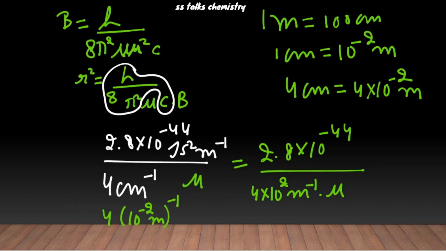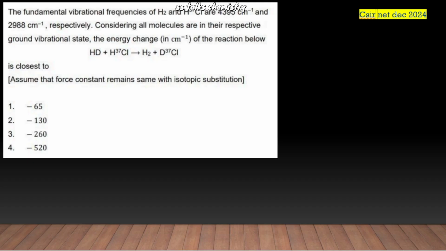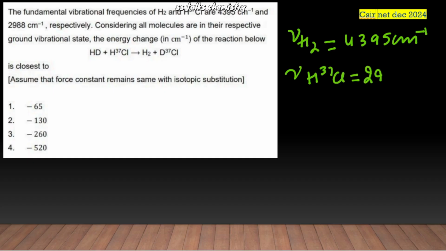Okay, next this question now. The fundamental frequencies for the H2 and H37Cl are this and this. So nu for the hydrogen is given, which is 4395 centimeter inverse, and the nu for the H37Cl is 2988 centimeter inverse, considering all the molecules are in their respective ground vibrational state.